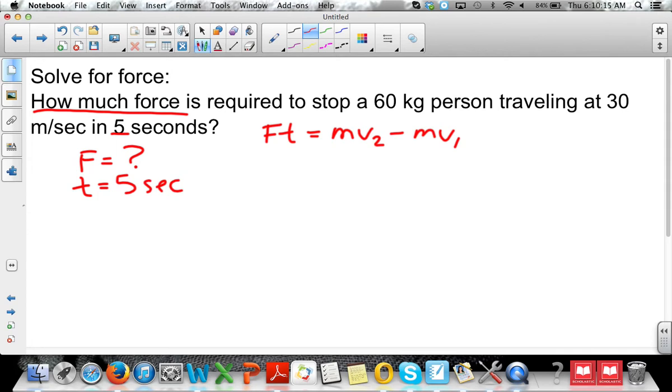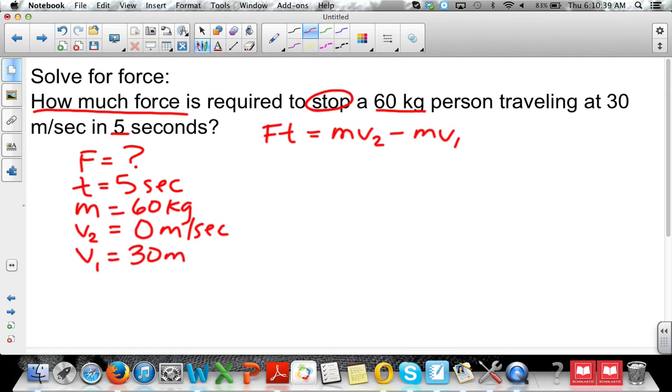Then M, 60 kilograms. And then V2, this one's trickier. It says to stop. So if something is stopping, that means it's 0 meters per second at the end. And then the person was traveling at 30 meters per second. Over here.